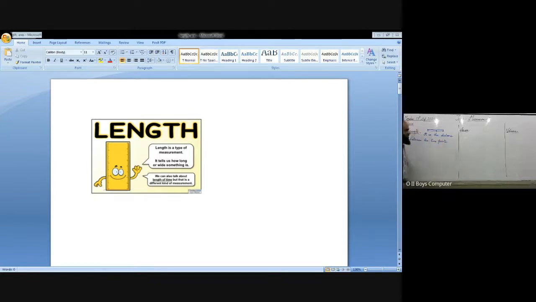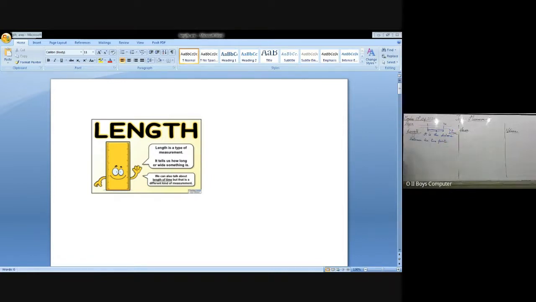And how can we measure it? Say the lower end of the pencil on the scale is presenting a measurement of 3 centimeters, and the upper end is presenting a measurement of 7 centimeters. Then what will be its length? Its length will be the difference of these two quantities, that is 7 minus 3, 4 centimeters.